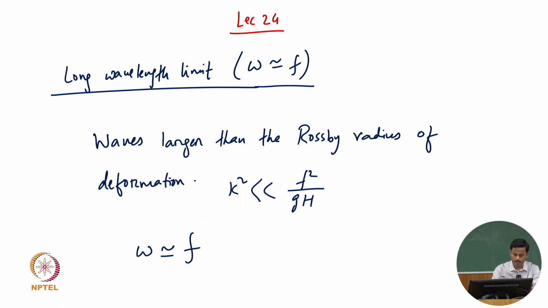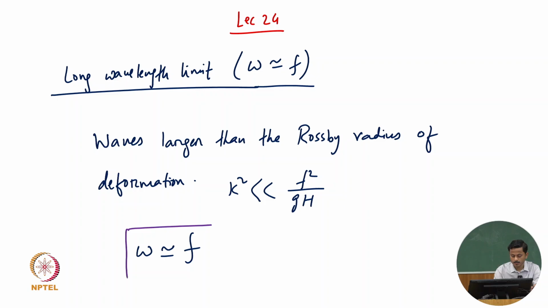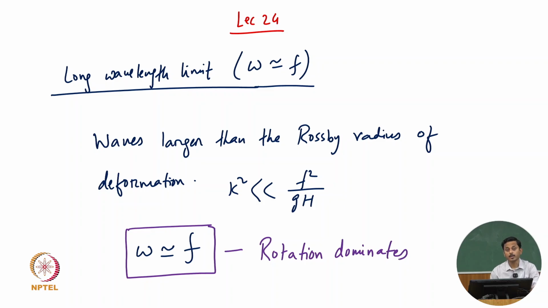So this is the case where rotation dominates, and these waves are called near inertial waves. These are both equivalent cases.